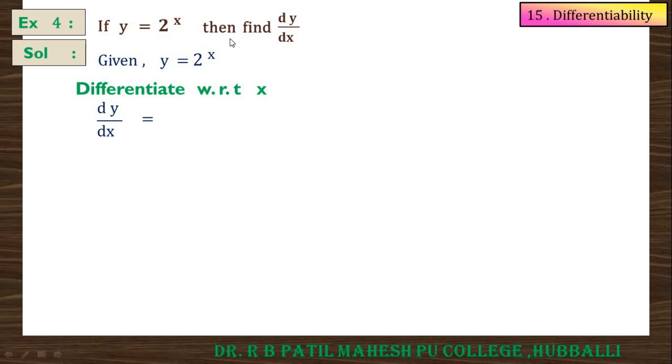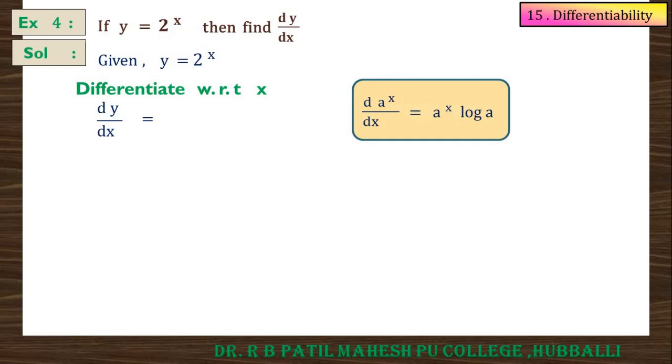So the derivative of 2 raised to x is written as 2 raised to x into log of the base, that is log 2. So this is the way of writing the derivative answer: same function into log of the base, always written in the same way. If you use the log property and differentiate, you will get the same answer. Now you are writing it directly.